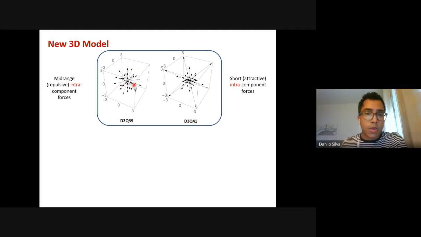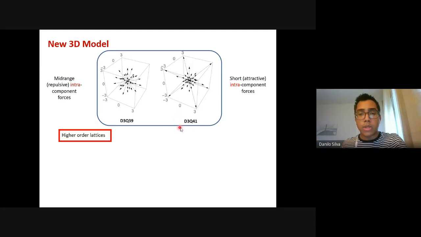These are high-order lattices: this one is sixth order of isotropy, and this one is eighth order. I also want to mention that we use the D3Q41 for the streaming, because it helps reduce the spurious velocities that this type of algorithm usually has.